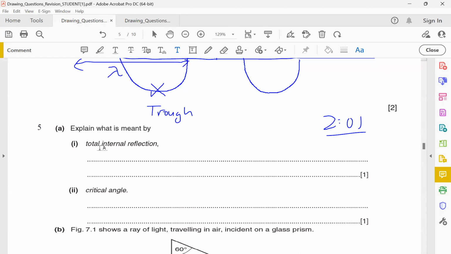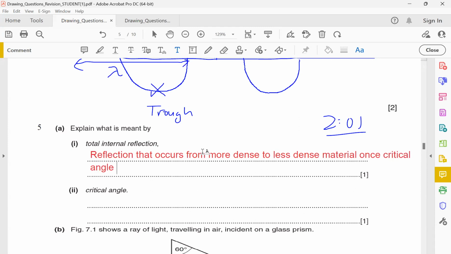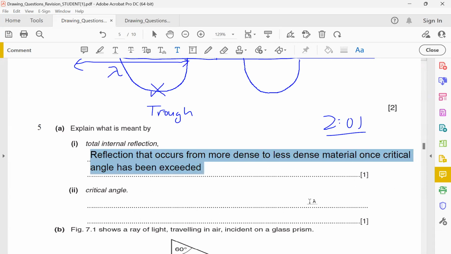But I think you could write something similar: reflection that occurs from more dense to less dense material once the critical angle has been exceeded. I think this would be a more logical answer for me.